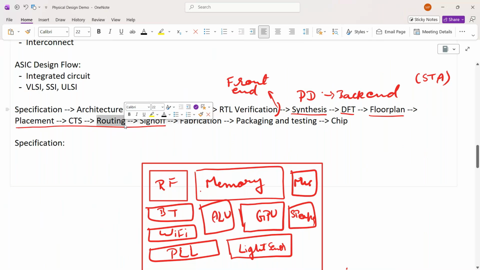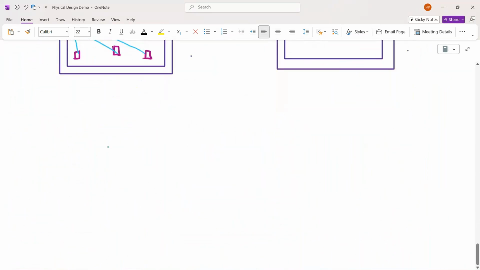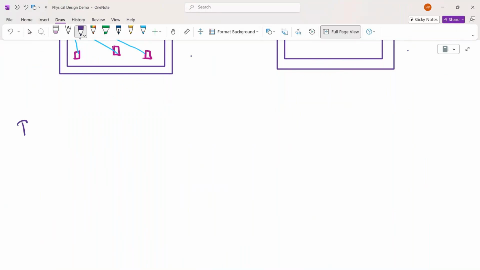Signal goes from one output to another input, and the cells interact in that way. So now it's time to connect all those cells. That happens in routing.